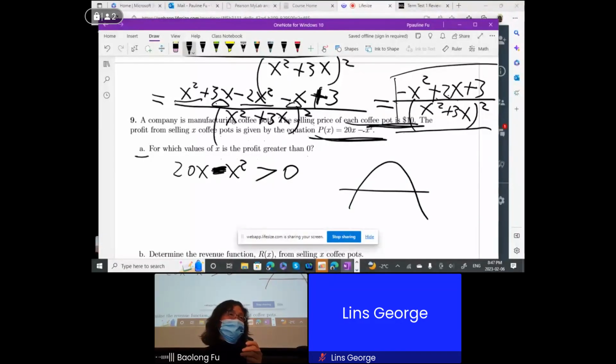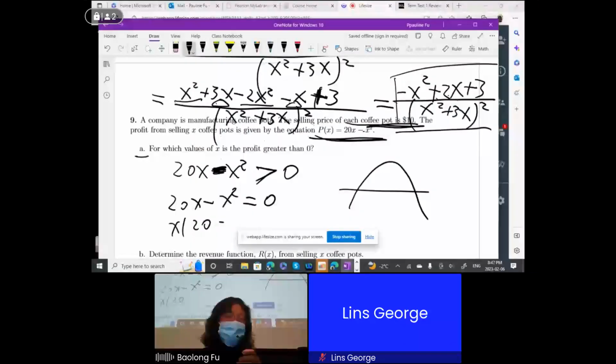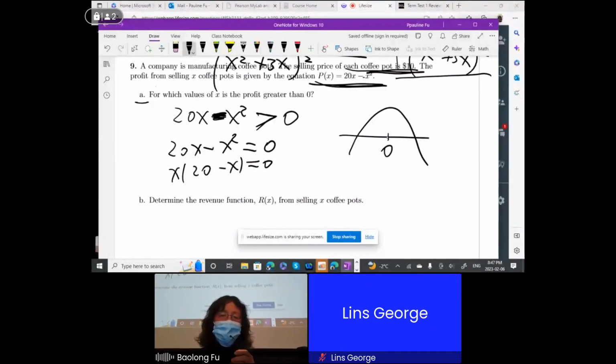The fast, effective way to solve the inequality is to get the x values so that it is equal to 0. If you take x out, you get this. So one x is 0, another x is 20. Those two numbers make the quadratic equal to 0.